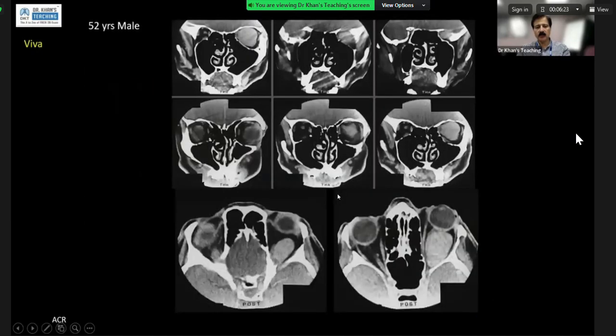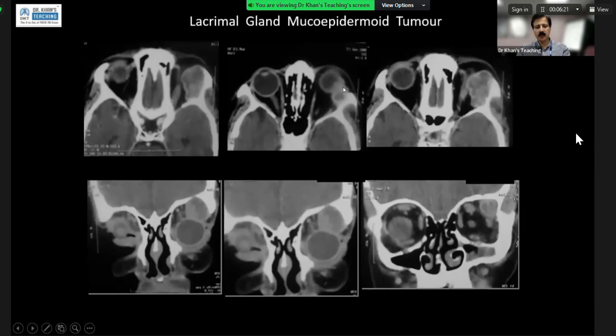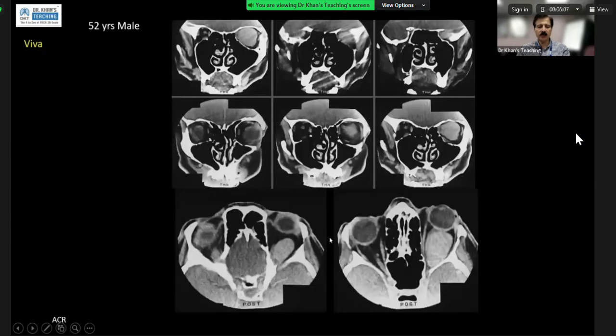This, on the other hand, is a mucoepidermoid tumor, which nobody can diagnose. The main point is that we can only give the differential diagnosis. Okay, what is this lesion?